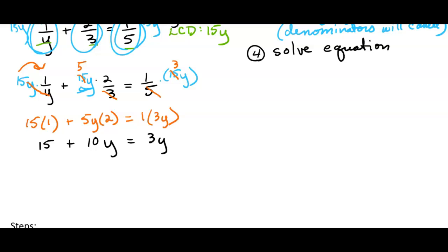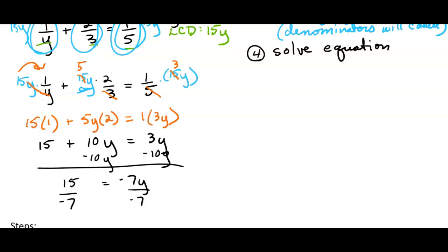So if I subtract 10y from both sides, this is one way to do it, I would have 15 equals negative 7y. And then I divide both sides by negative 7. And I get the answer is, I ran into my steps, y equals negative 15 over 7. And I would just leave it that way. Okay? So you solve the equation. Those are the steps to solve a linear equation.